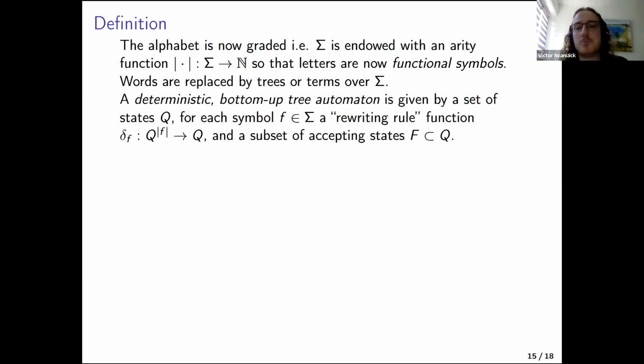What is a tree automaton? Well, the complete name would be deterministic bottom-up tree automaton, maybe complete deterministic bottom-up tree automaton. It's, as always, a set of states, but now we don't have the action of letters, we have the action of the symbols.